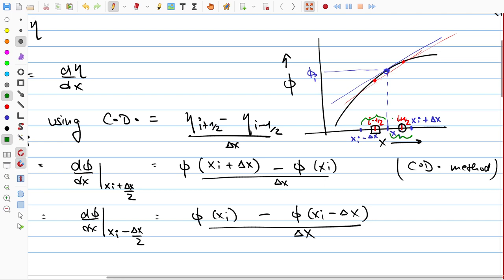For this particular food for thought, just think of a situation where these intervals are of different sizes, let's say delta x 1 and delta x 2, and then when you are evaluating the accuracy of the scheme, the error of the scheme using Taylor series, just check if they are actually second order accurate or the accuracy depends on delta x being homogeneous or not. So that will also help you appreciate the benefits of keeping delta x homogeneous. Okay.